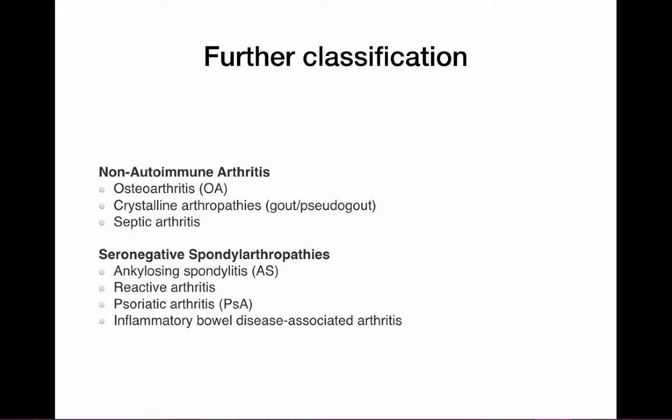The part that covers the non-autoimmune arthritis is either osteoarthritis, crystalline arthropathy, as well as septic. But when we talk about autoimmune, we have the seropositive and seronegative diseases. Under the umbrella of seronegative spondyloarthropathy, we have ankylosing spondylitis, reactive arthritis, psoriatic arthritis, and inflammatory bowel disease associated arthritis.